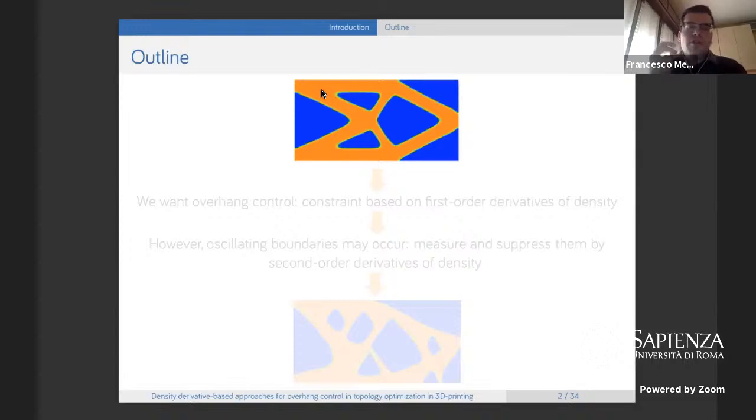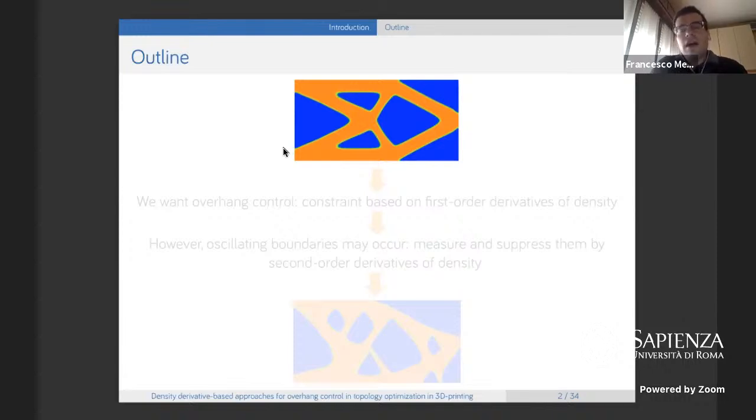These two regions are separated by a boundary, so when in the following we talk about boundaries, we are referring to this solid-void boundary, which separates the solid and the void regions of our design. If we want to 3D print this design, we could encounter some difficulties.